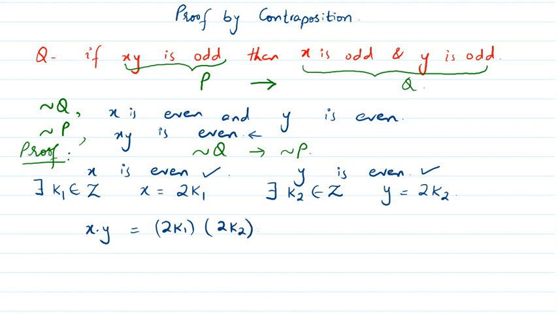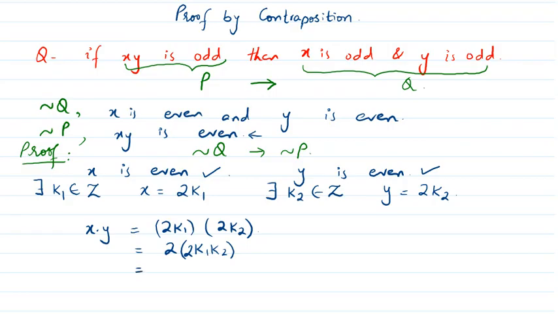right? Or you can say this is going to be 2 times 2 times k1 times k2. K1, K2 can be even, K1, K2 can be odd. We are not going to worry about them. The whole thing here is that they are in fact multiplied by 2.